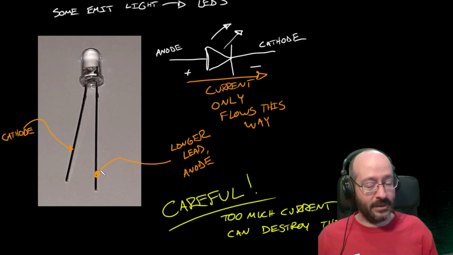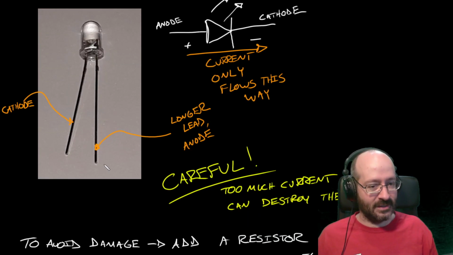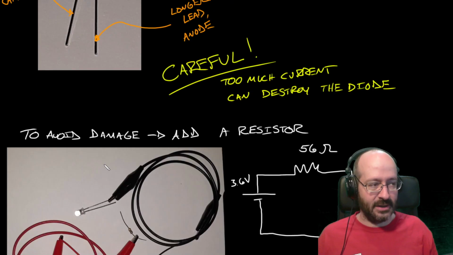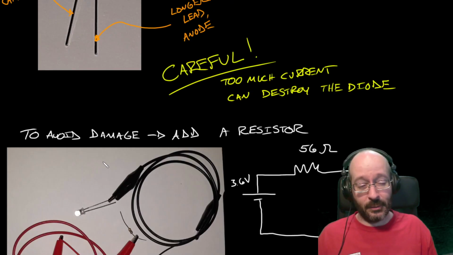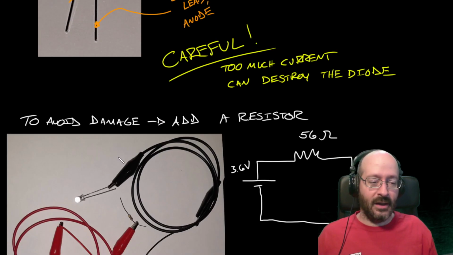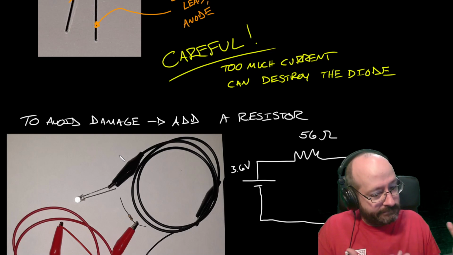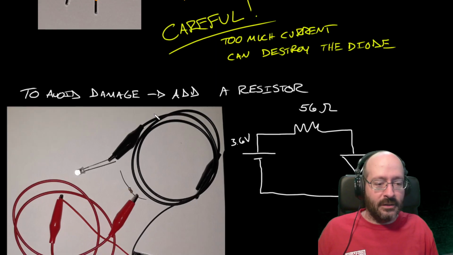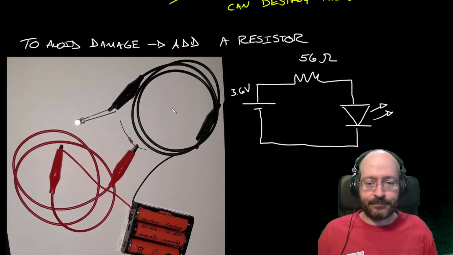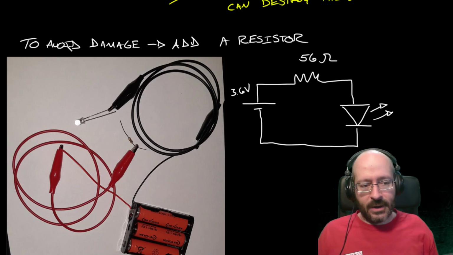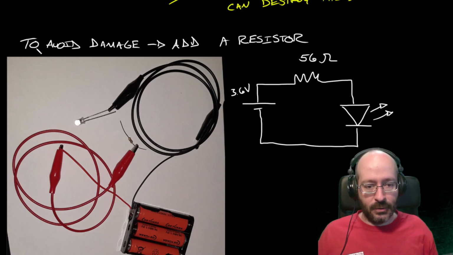You might get away with it because there is internal resistance to the battery, and there's internal resistance to the solar panel if you want to go hook it up to the solar panel. So those 2 devices can't provide infinite current, but it might be enough current to make it go pop. So we're going to add a resistor to the circuit in series.